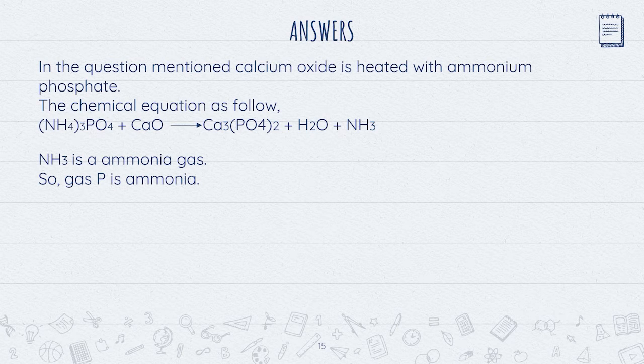In the question, it is mentioned that calcium oxide is heated with ammonium phosphate. So, according to the question, the chemical equation is like this. The ammonium phosphate is heated with calcium oxide and it gives water and ammonia gas.